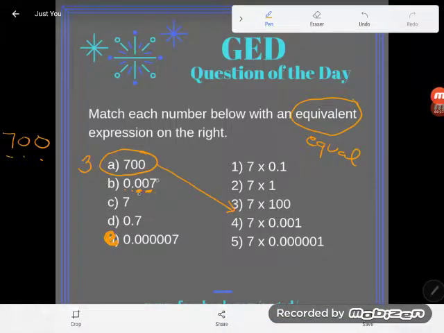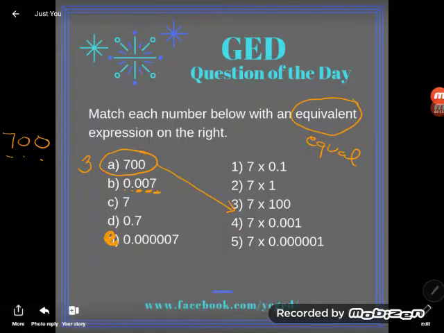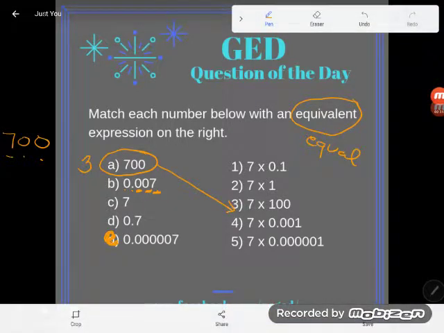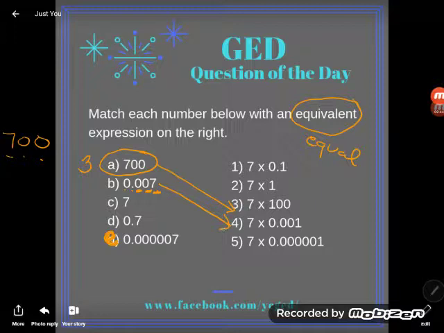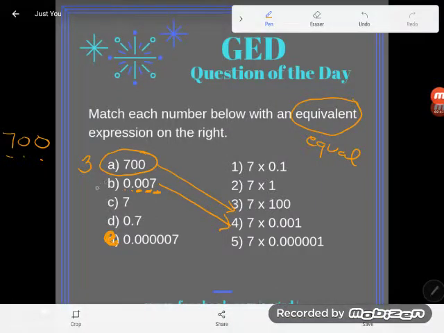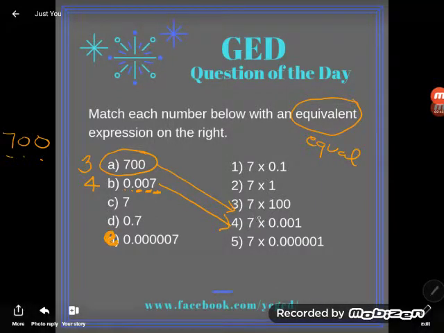So tenths, hundredths, and now finally the 7 here is in the thousandths place. Tenths, hundredths, thousandths. So that means that this number represents 7 thousandths, or 7 things of size 1/1,000th, and that guy matches with 4. 7 pieces of size 1/1,000th.